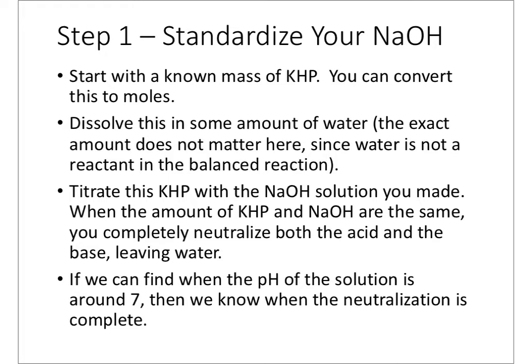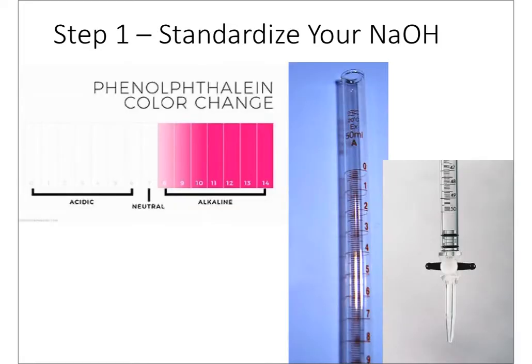Then you begin to add to this acid the sodium hydroxide solution that you had made. The idea is you add sodium hydroxide until you reach a pH of 7, because at that pH, we know that we've reacted all of our acid with all of our base.